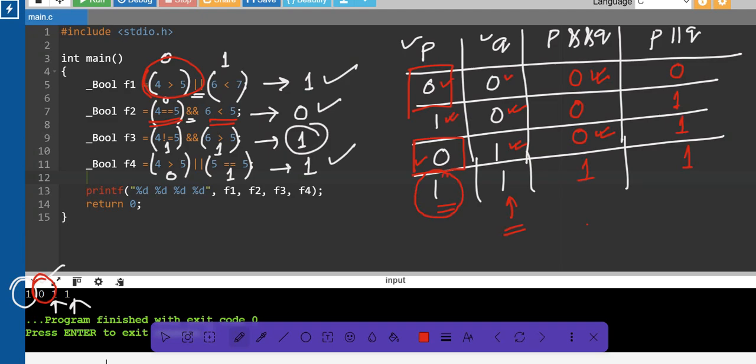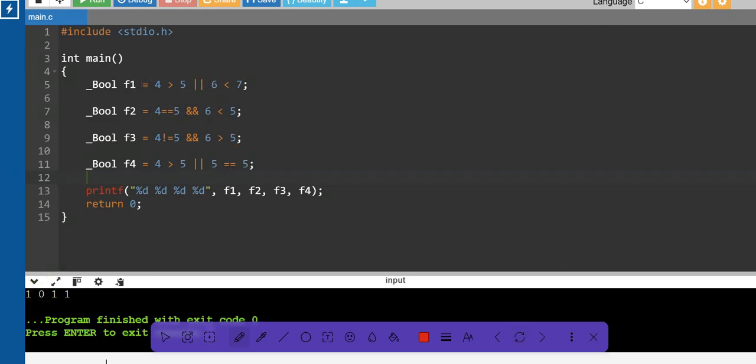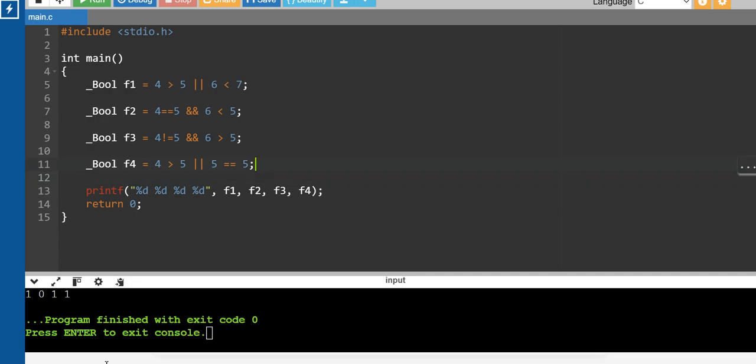I am moving to another example. I did not discuss anything about the logical NOT, so let us move to the logical NOT. We already have the expressions and how they are evaluated.